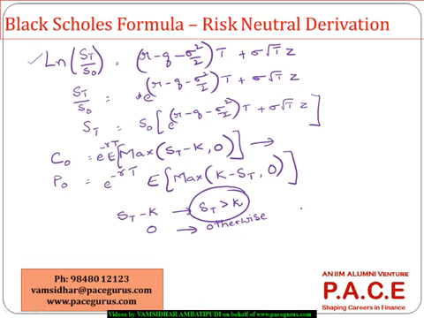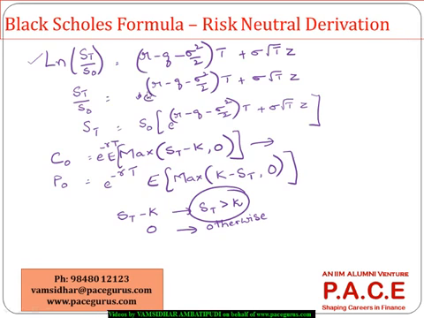ST greater than K, I can very well write it in this particular form. So when I am saying ST is greater than K, what does that mean? I'll take it from here.